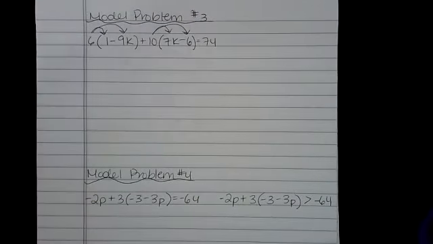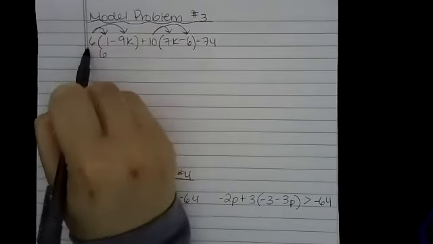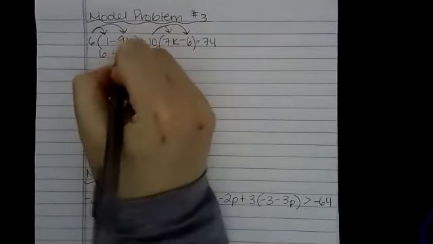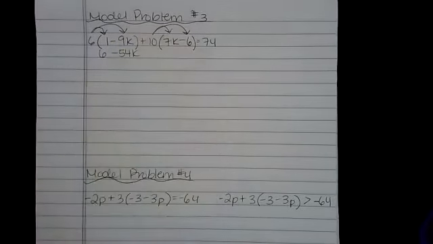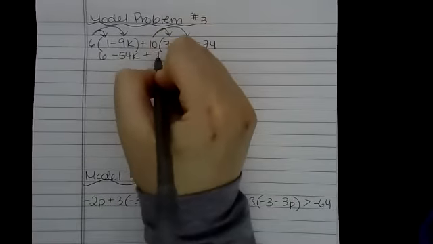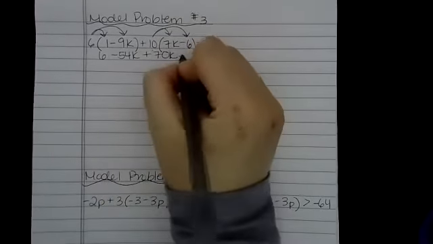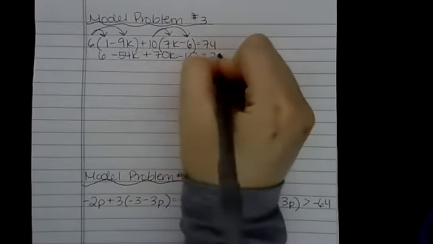Okay, so what's the result? 6 times 1 is 6. 6 times -9 is -54k. Okay. 10 times 7k, that's going to give me positive 70k. 10 times -6, -60 equals 74.